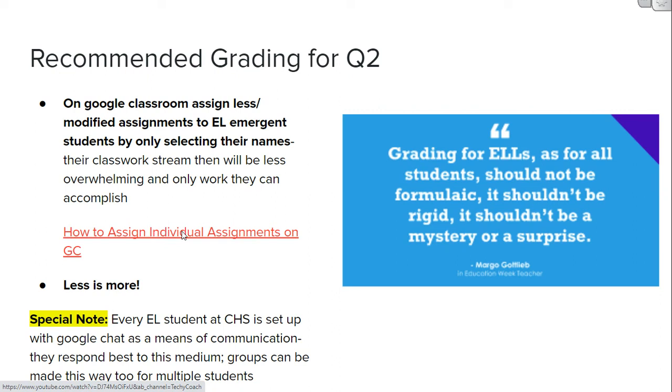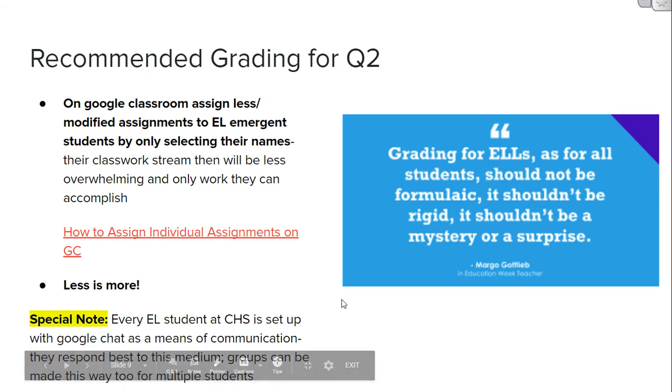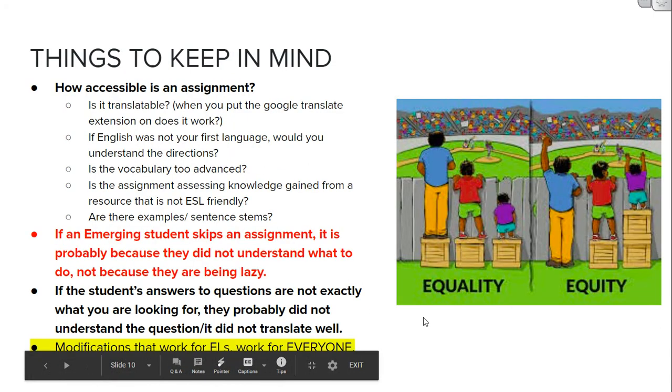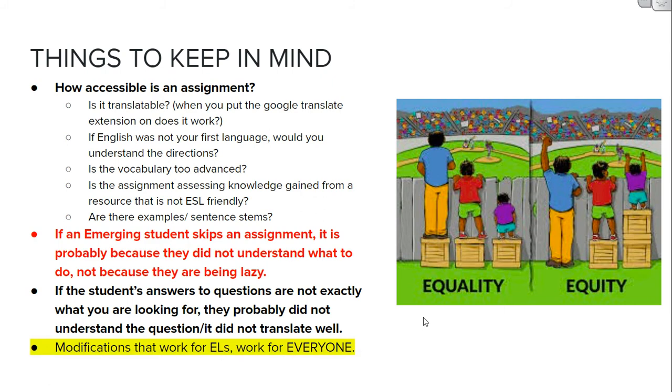And then I have this quote over here. Grading for ELLs, as for all students, is not formulaic, it shouldn't be rigid, and it shouldn't be a mystery or a surprise. So I'm trying to give you guys some support about how to navigate this kind of grading scale. Some things to keep in mind: your aim is equity for emergent ELs and not equality.